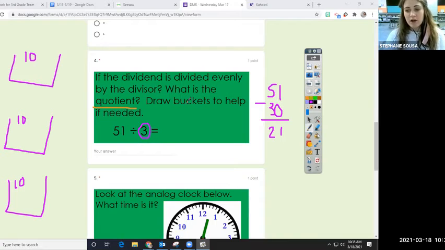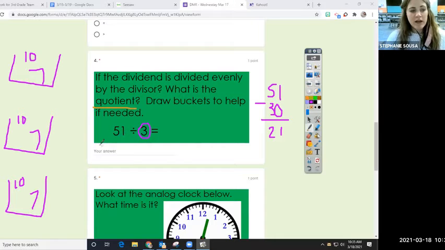So I have 21. There are 3 buckets. I know my 3 song counts by up to 21. Watch this. 3, 6, 9, 12, 15, 18, 21. Boom, 21. So that's going to be 7 in that bucket, 7 in that bucket, 7 in that bucket, because I counted by 3s 7 times.